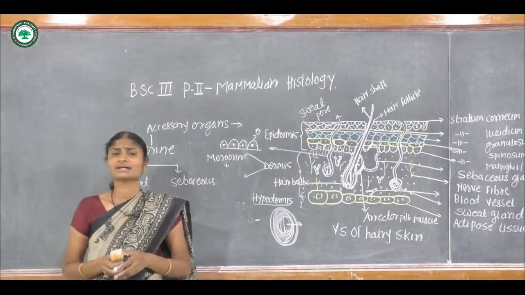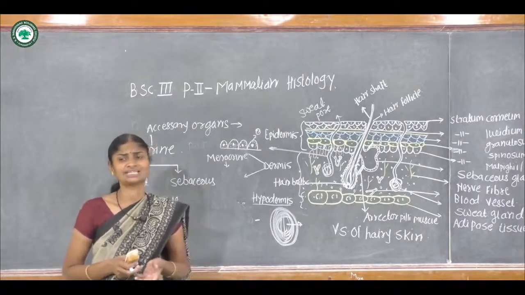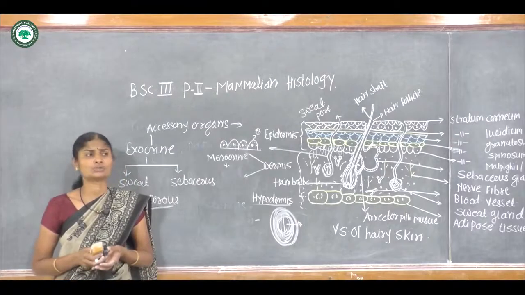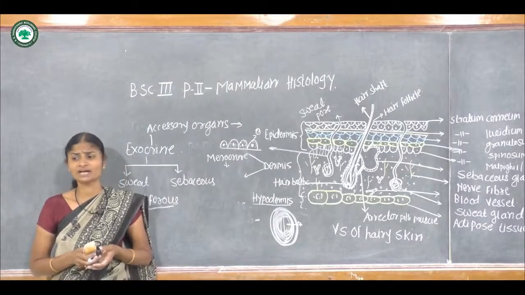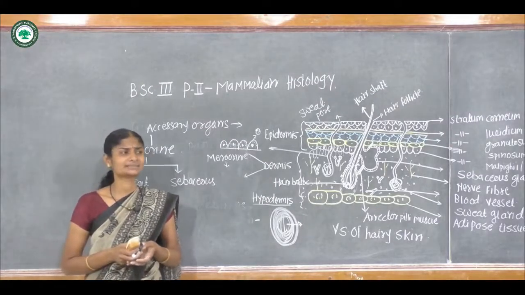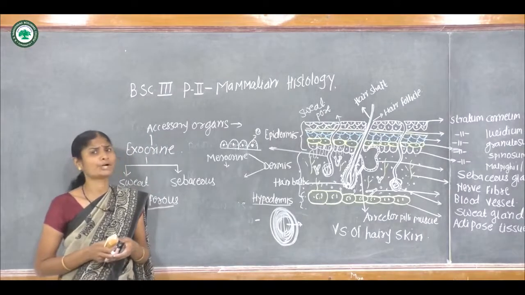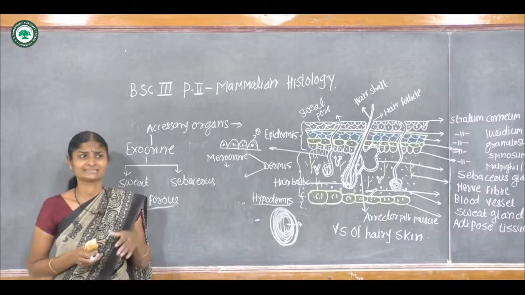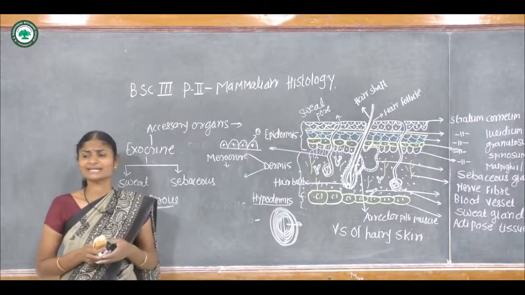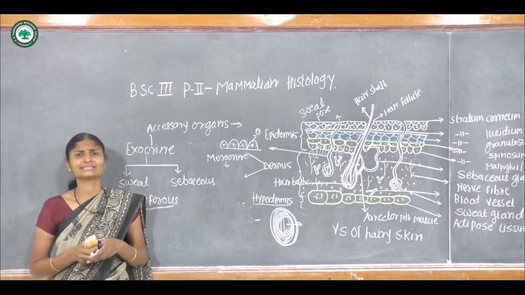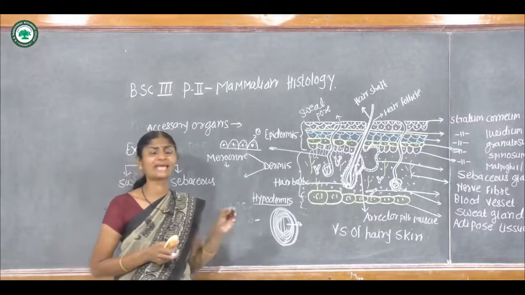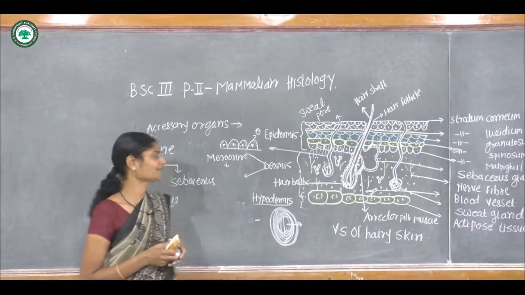Modifications of sweat glands include the wax-secreting ceruminous glands of the ear and the milk-secreting mammary glands. These sweat glands are absent in rats, mice and aquatic mammals.